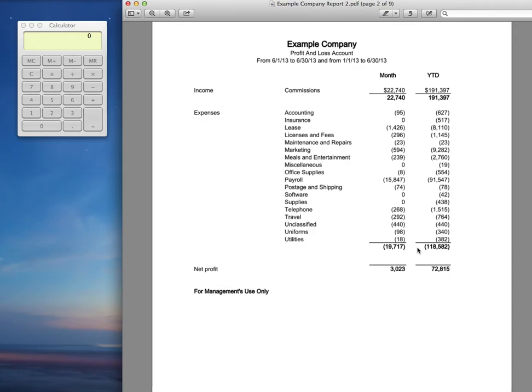Or maybe you take the last 5 or 6 months and type them all into a spreadsheet side by side and look at their trend over the course of those 6 months. So maybe you're spending $594 on marketing in June, but how much have you spent over the last 6 months?